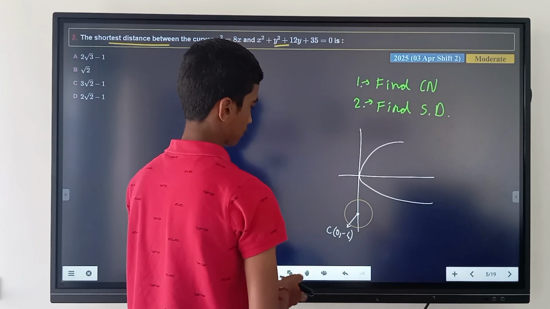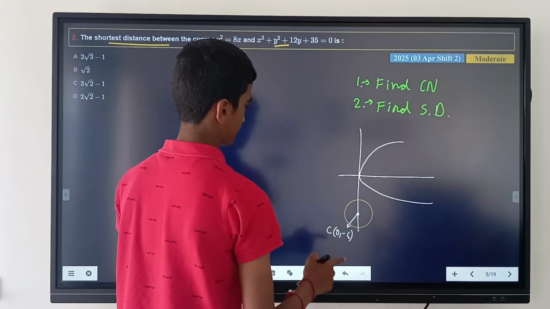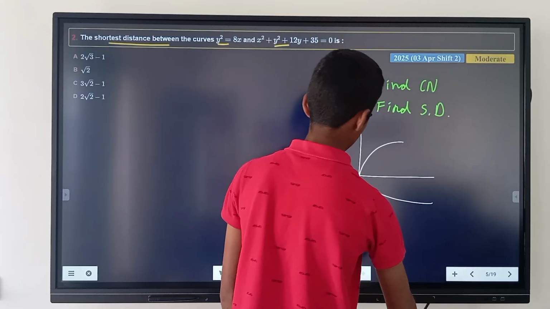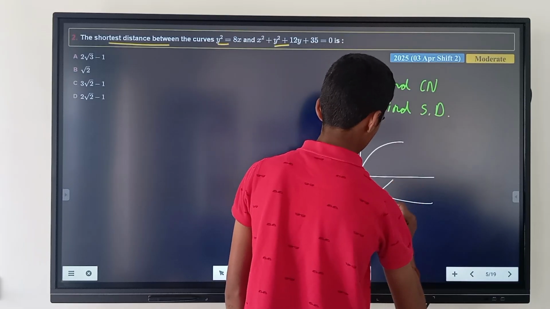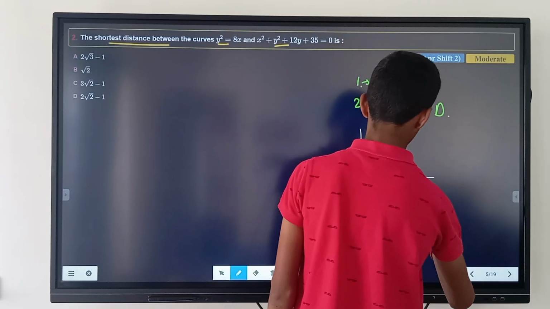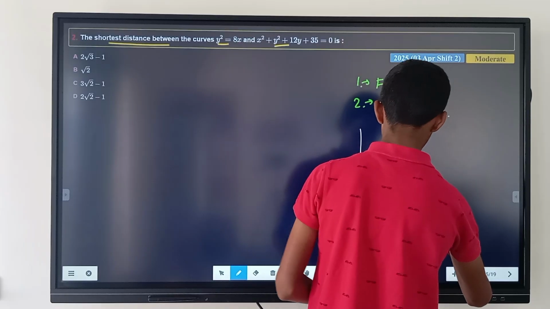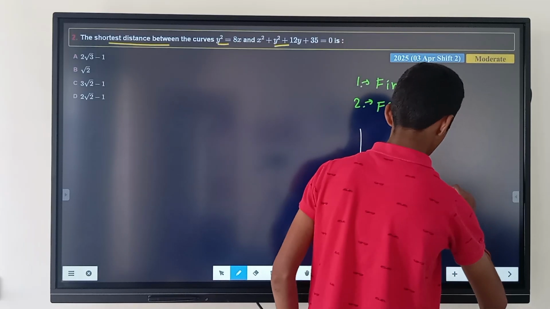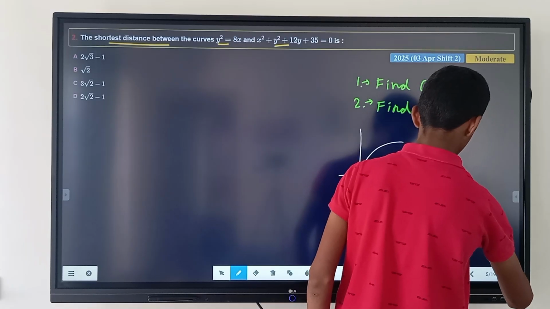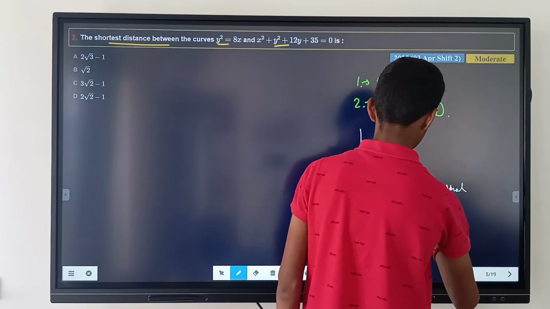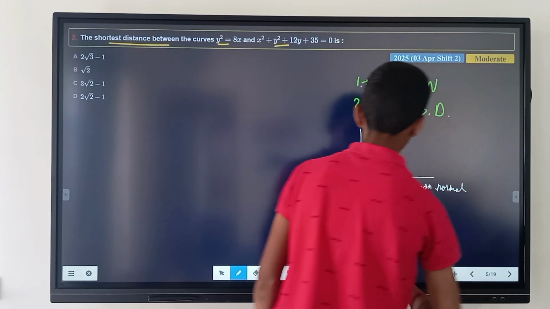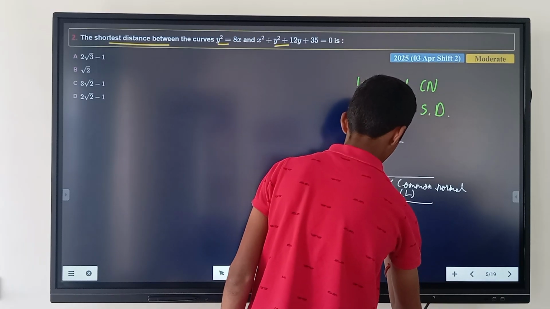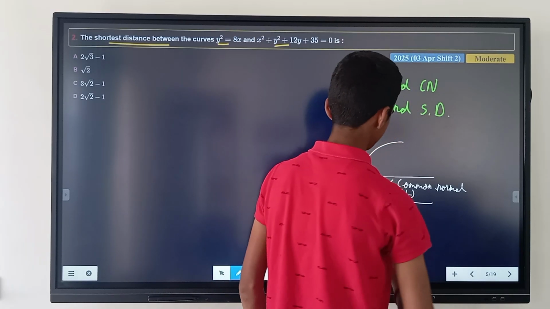Now we need to make a common normal, and we have property a normal to a circle passes through its center. So let's say this is our common normal. Let's say this is N. This point will be P. This point will be Q.